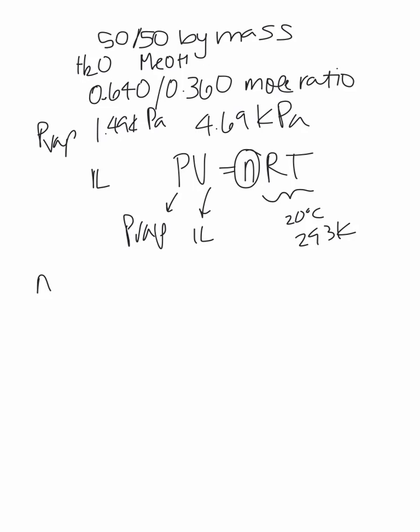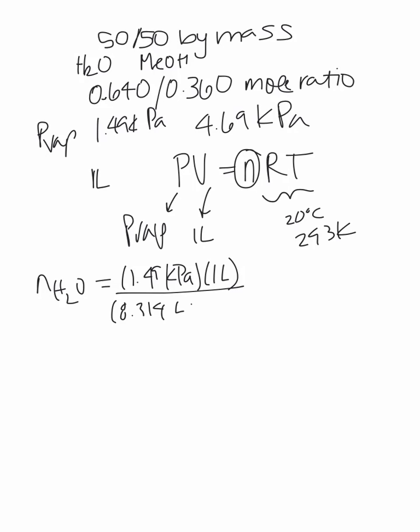So for the number of moles of H2O, we would plug in 1.49 kilopascals. We'd multiply this value by a liter, and divide by our R, which in this case would be 8.314 liters times kilopascals over moles Kelvin, and then our temperature, which would be 293 Kelvin.